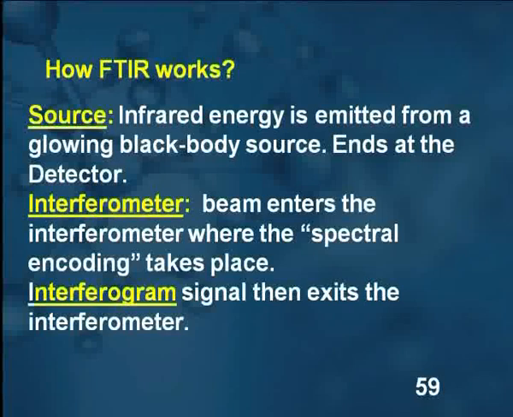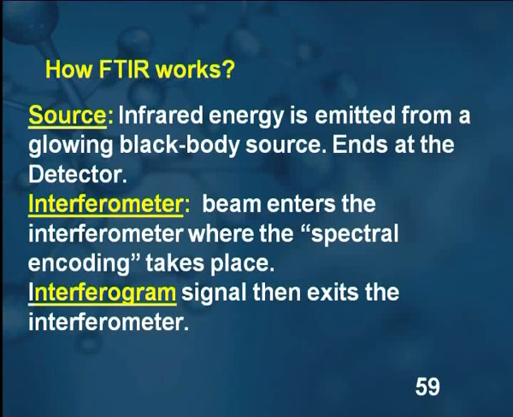We will discuss them one by one. First is the source. As we are dealing with infrared, the source must emit infrared energy, glowing like a black body source, and that ends at a detector.